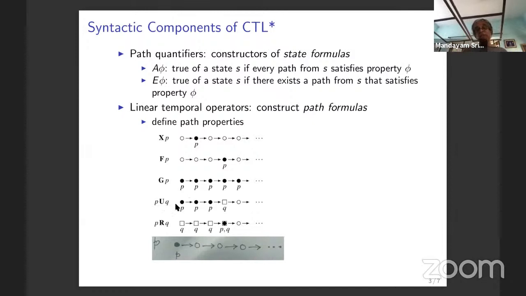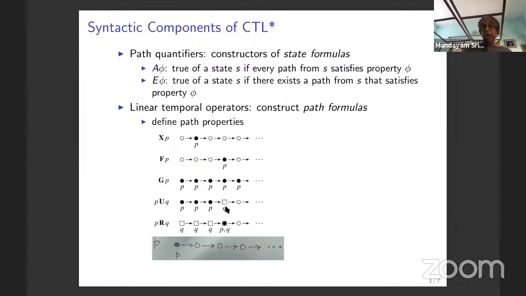Similarly, P until Q is true if P continuously holds up to the point when Q becomes true. Okay, and this is called the release operator, which says P releases Q, which is kind of the dual of the until operator.